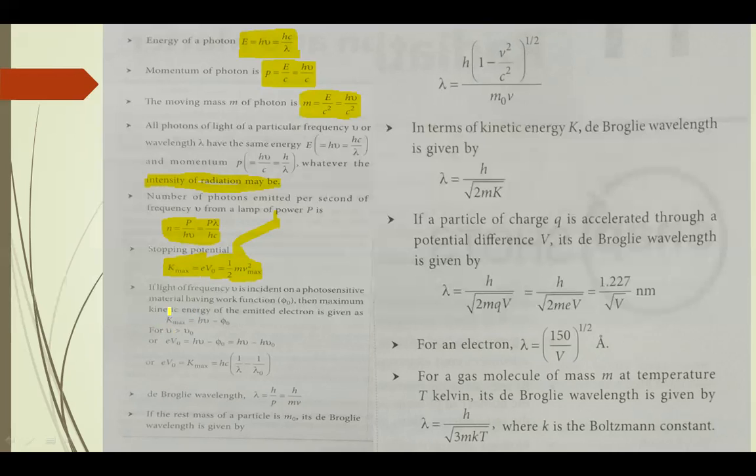If light of frequency nu is incident on a photosensitive surface of work function phi naught, then the maximum kinetic energy is given as this, which is also called the Einstein equation. Here phi naught is nothing but the work function.